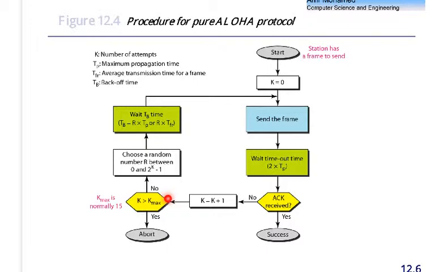Assuming that k is 2, 2 to the power k is 4, so the range of values is from 0 all the way to 3: 0, 1, 2, and 3. So each node will generate a random number from 0 to 3, and depending on this number, the node will have to wait for a time which is a multiple of the propagation time.